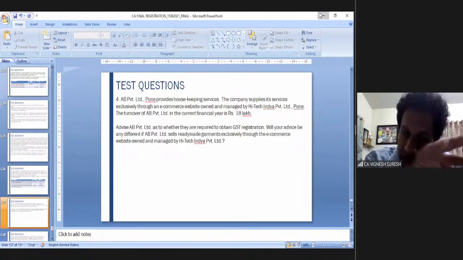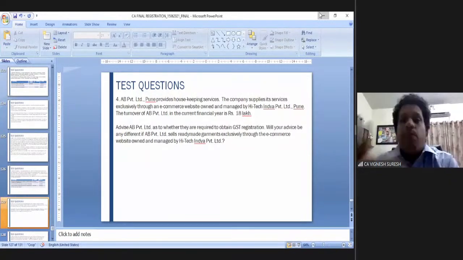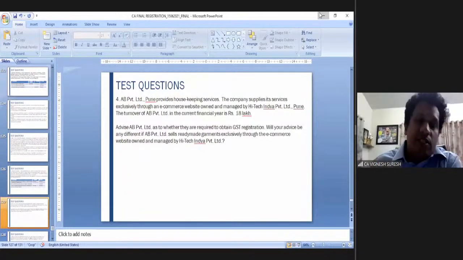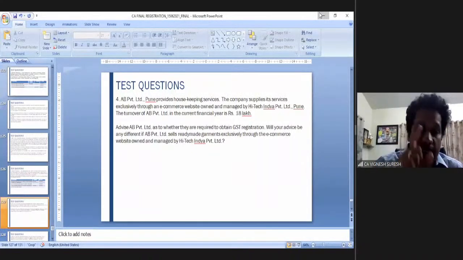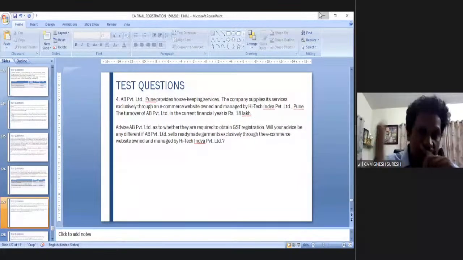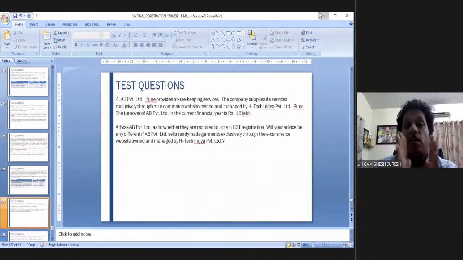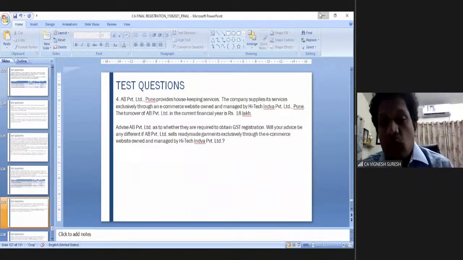So if your services are covered in the notification given under 9 subsection 5, you will not come within the purview of compulsory registration given in section 24. So therefore, in the first situation, since it is less than 20 lakhs, and since it is a service given in section 9 subsection 5, which is nothing but the housekeeping services, you need not obtain the registration because your turnover is less than the threshold limit.